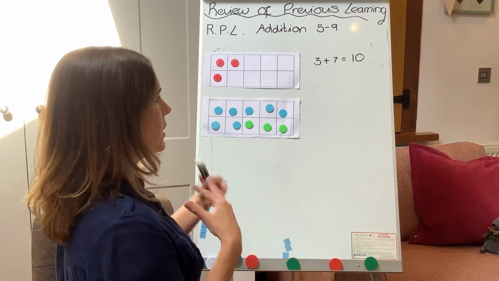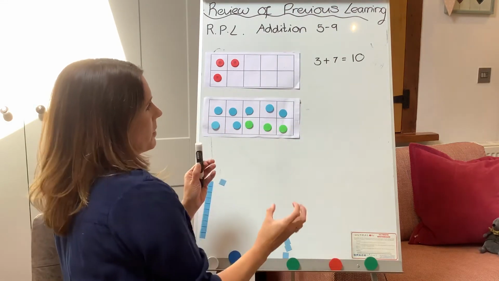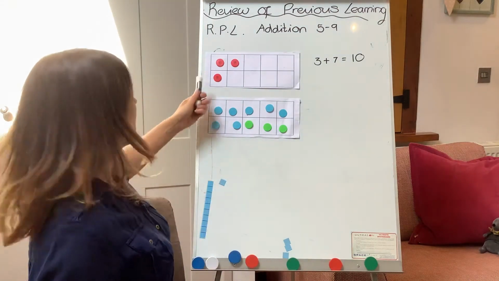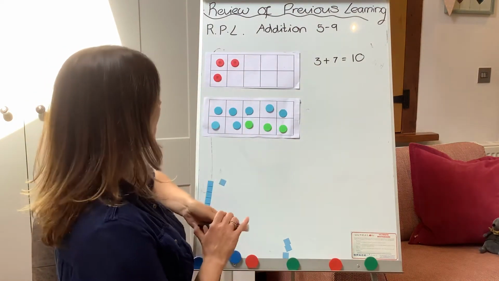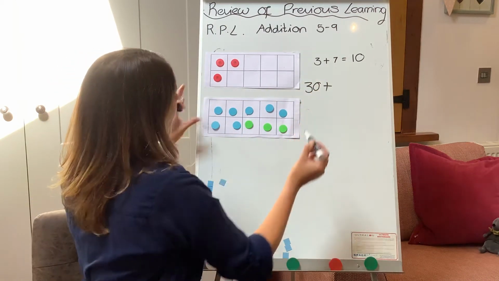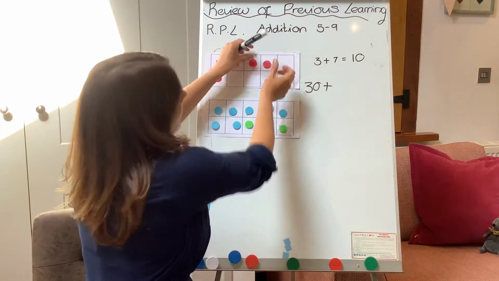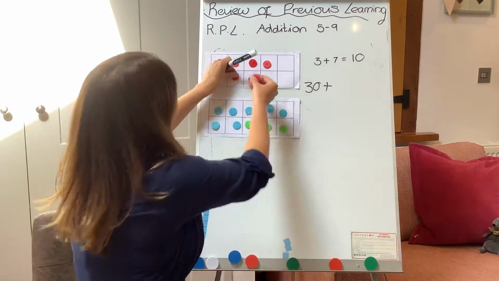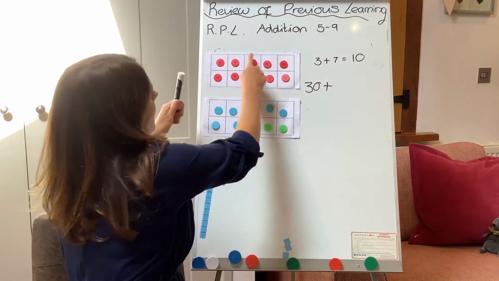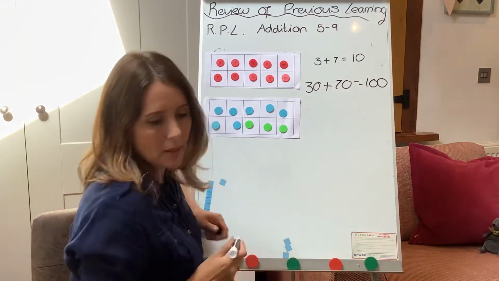We can use our knowledge of that to help us to find numbers to 100, and we can use our place value system so it gets 10 times bigger. We can use our tens frame as a hundreds frame so that each of the boxes is equal to 10. So now we've got 3 tens, so we've got 30. So 30 add what will make 100. So 30 add, and we can put in 7 more tens in these spaces. So 30 add the 70 we've just added in there will make 100.